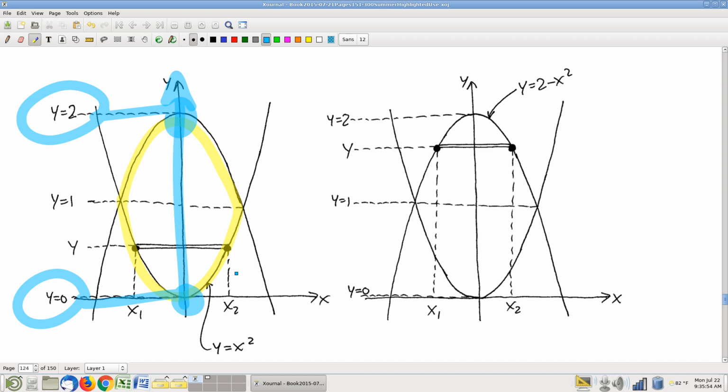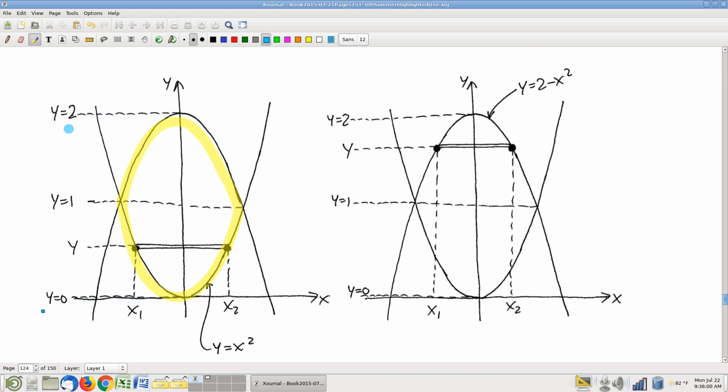This is going to be a killer way to do the problem, because think about then what are the bounds on x. So let's pick a value of y now, somewhere between 0 and 2, and for that value of y, what's the range of values for x? Well, let's see here. The lower bound is determined by that point, which is on this curve. Oh, wait a minute. Not always.